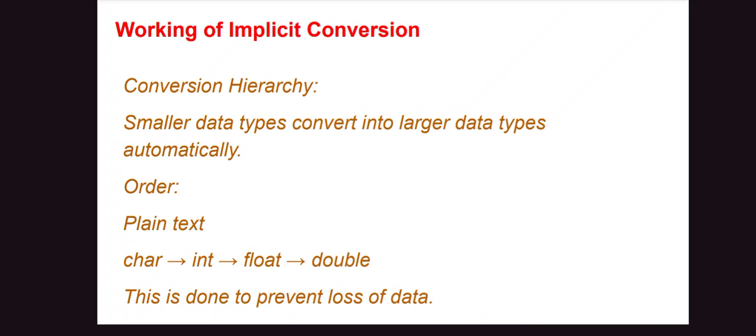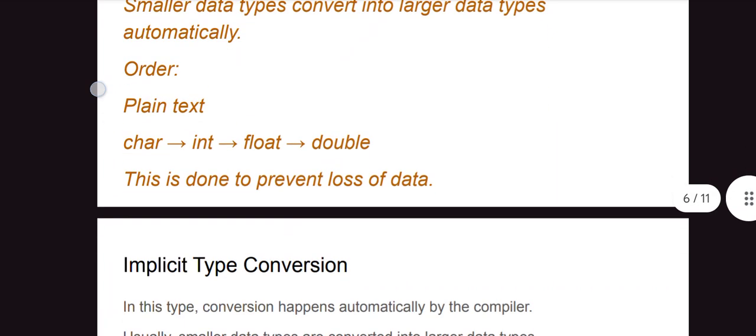The order is char to int to float to double. This is done to prevent the loss of data, to organize the data correctly, and to get the precise value of data. So this is the working of implicit conversion.